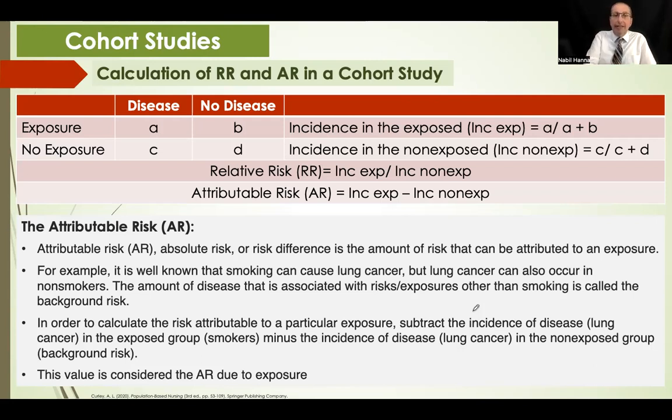So it is, as in this equation, the incidence in the exposed minus, not divided by, minus the incidence in the non-exposed. So long story short, relative risk, we divide the incidence in the exposed by the incidence in the non-exposed. Attributable or absolute risk, we subtract the incidence in the non-exposed from the incidence in the exposed.